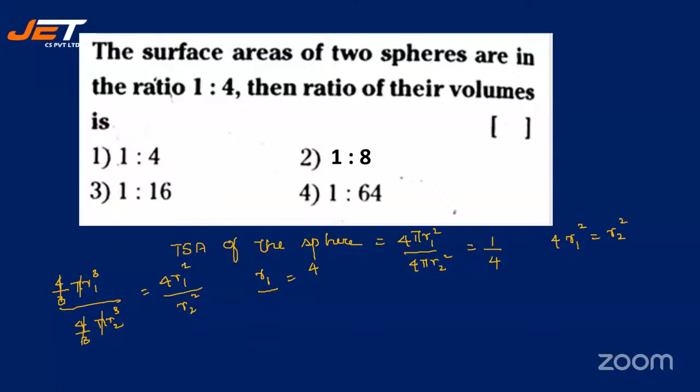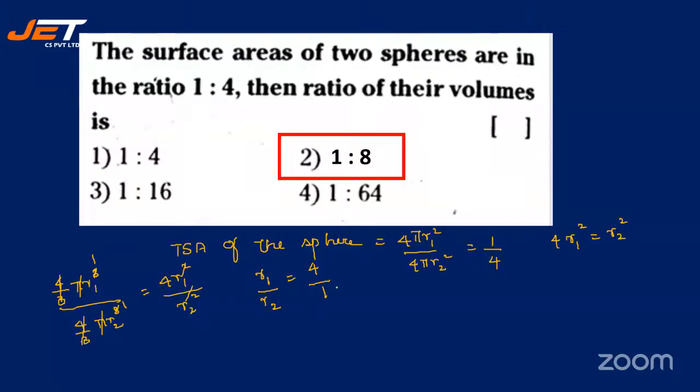So this will be 1. This will also be 1. This and this will get cancelled. So you will have R2. It would be 1.